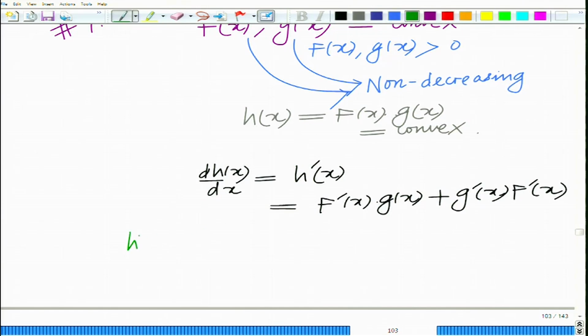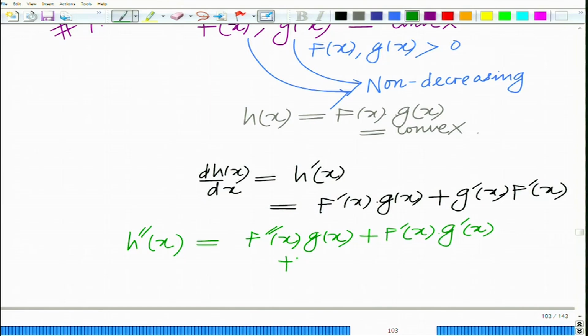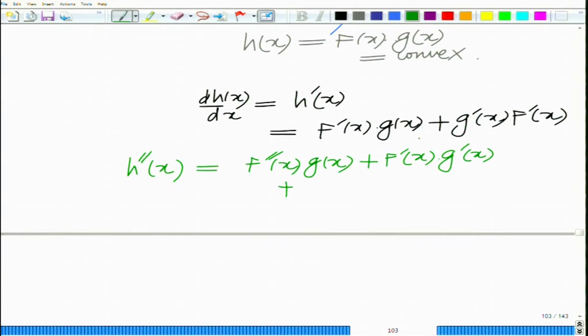Now, considering the second order derivative, it is h double prime of x, which is f double prime of x g of x plus f prime of x g prime of x plus g prime of x into f prime of x, plus g double prime of x f of x, which you can now simplify as follows.